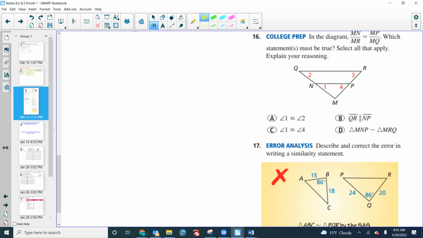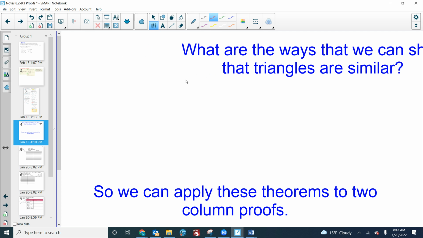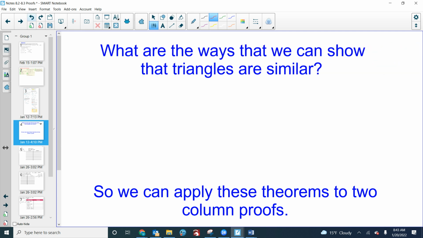All right. So today, let's refresh. What are the ways that we can show that triangles are similar? I heard SAS.